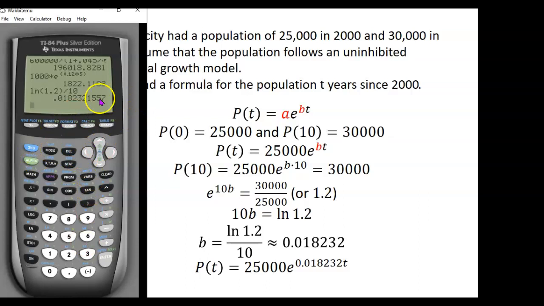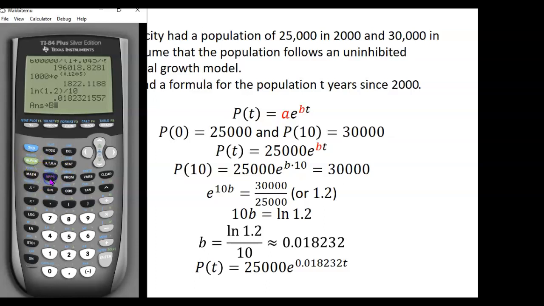In this particular calculator, I can push the button labeled STO for store. That will store the answer in one of the calculator's memories. I'm going to store it as B, just because that's the letter I was using. So I push the alpha button and then the button that has a B above it in the same color as the alpha button.